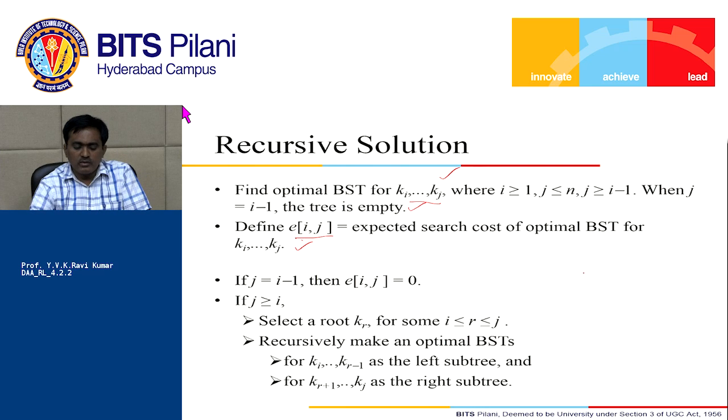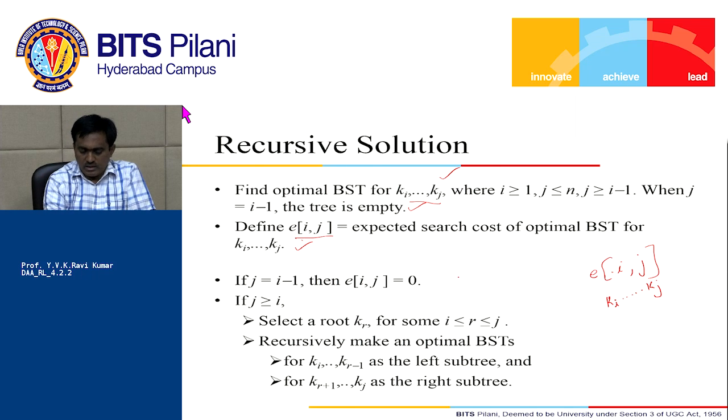So here we'll try to find e[i,j], that is the expected search cost, to find the optimal binary search tree for the keys ki plus 1 up to kj. So how to do it? If j equals i minus 1, then obviously the expected search cost is going to be 0.